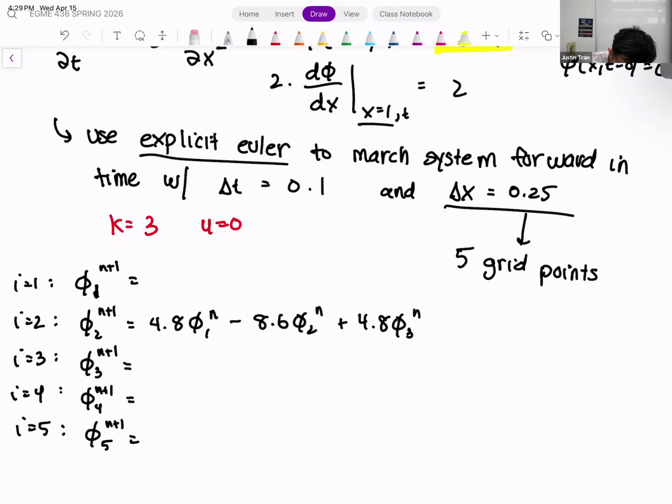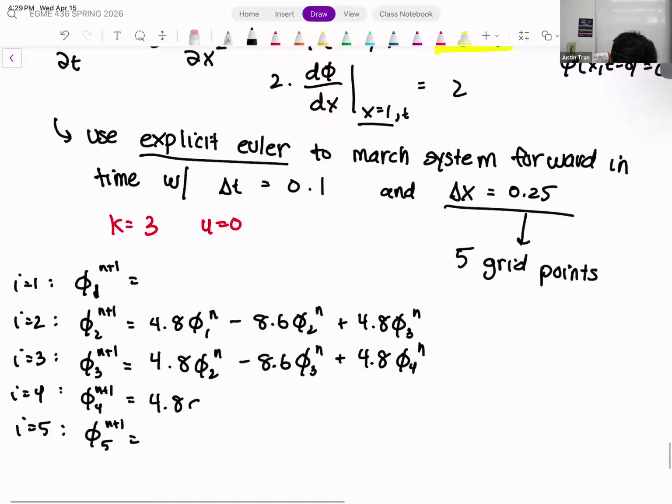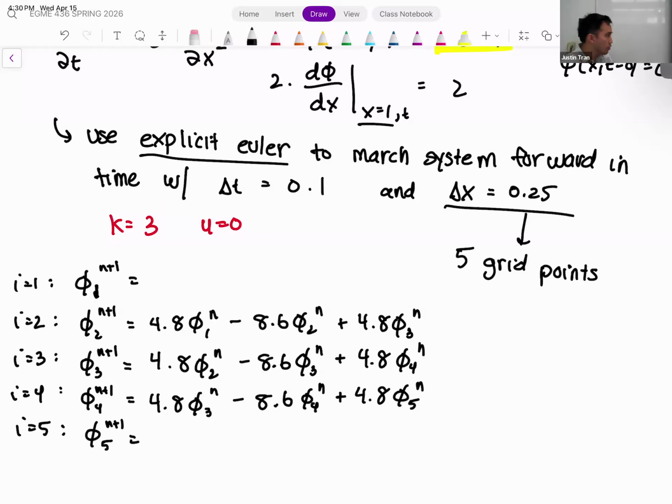Next, we have 4.8 phi 2 at n minus 8.6 phi 3 at n plus 4.8 phi 4 at n. All those are the same, so I'm not really going to focus on those just because we've done them before.